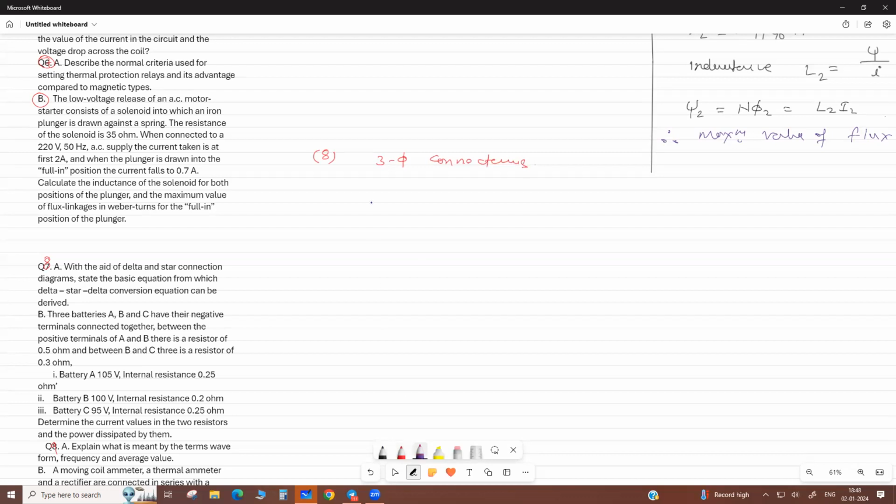How we can connect either a balanced 3-phase star connection, and the second is 3-phase delta connection. Balance means per phase values are equal.